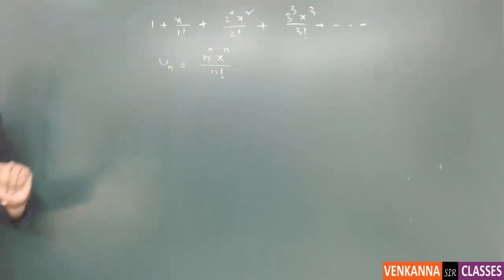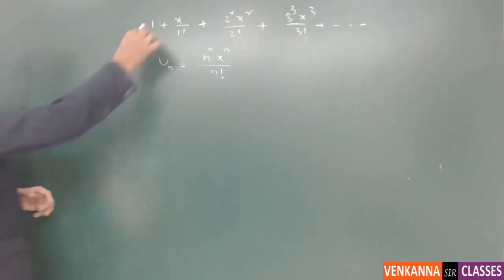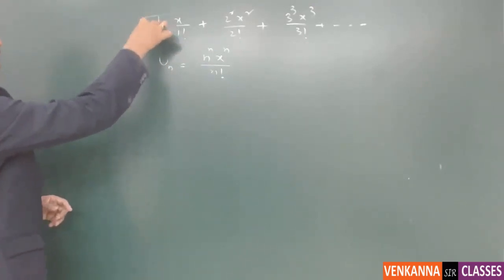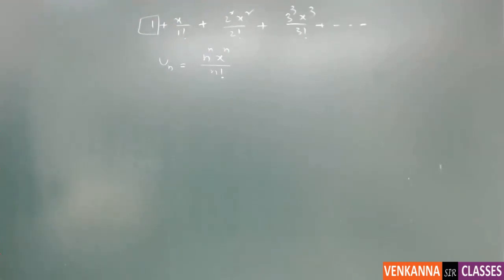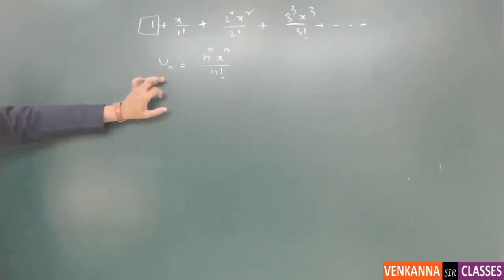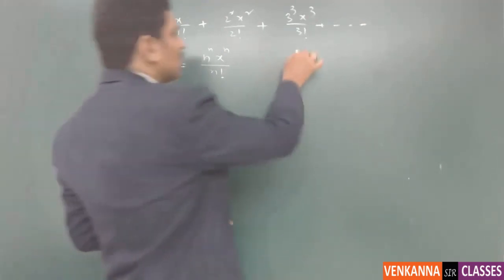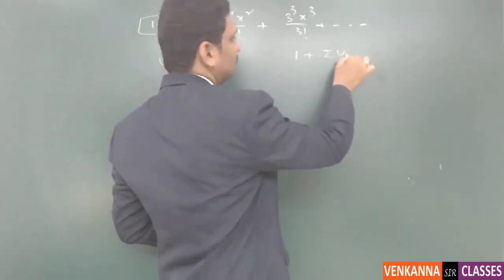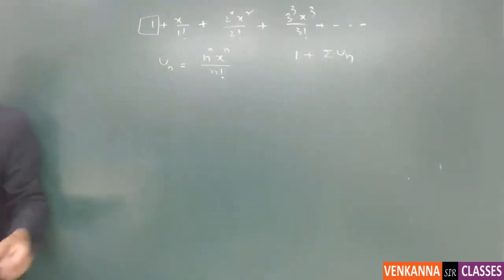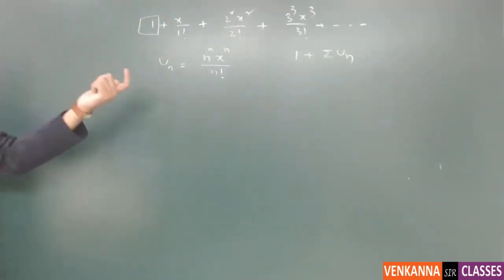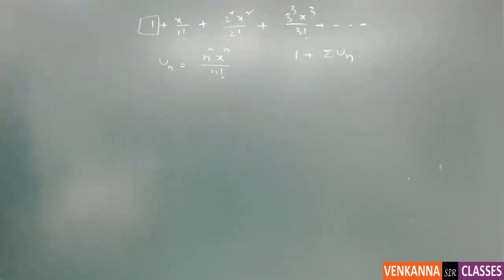Accepted? And one thing here is, again we are going to omit the first term, because the first term will not be given by this expression un. However, the given series can be written as 1 plus sigma un. So if sigma un is convergent, automatically the given series will also be convergent. Fine.